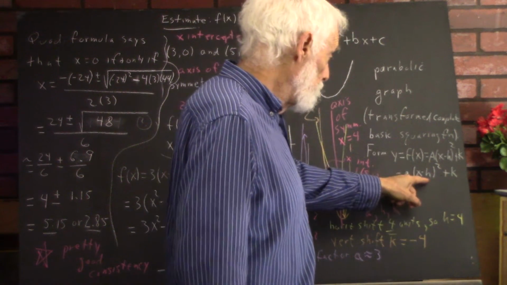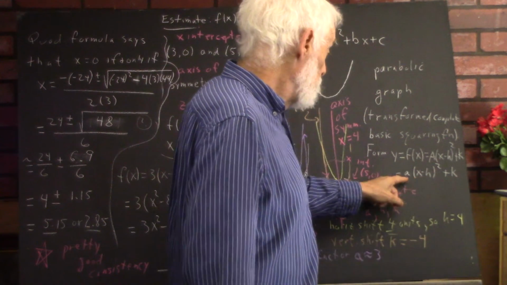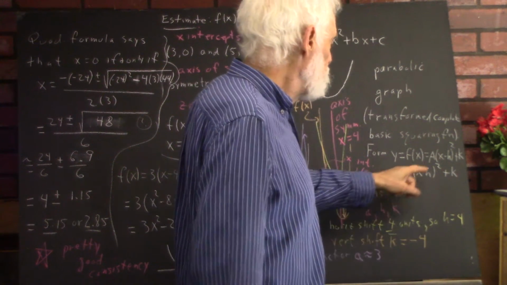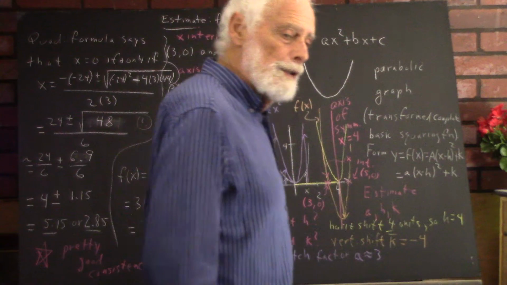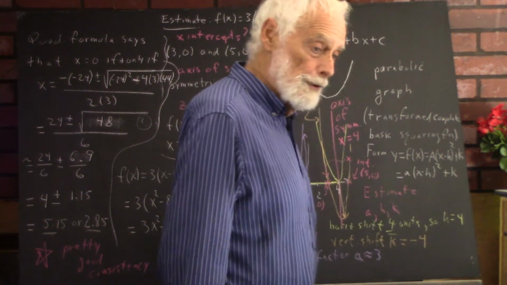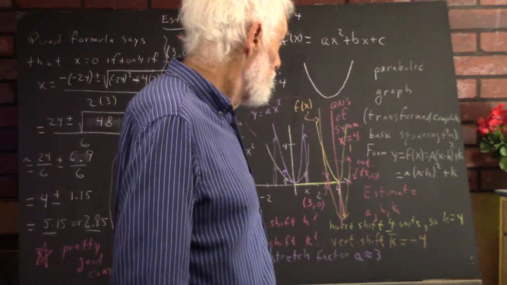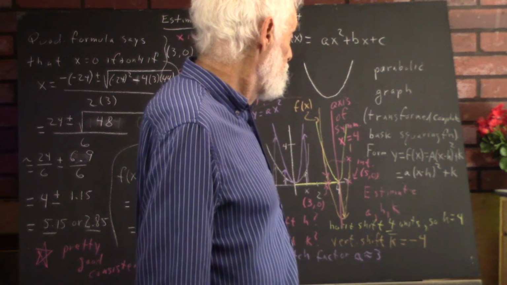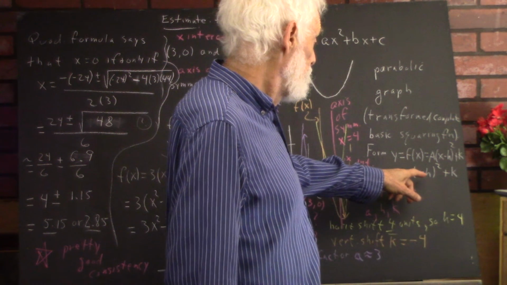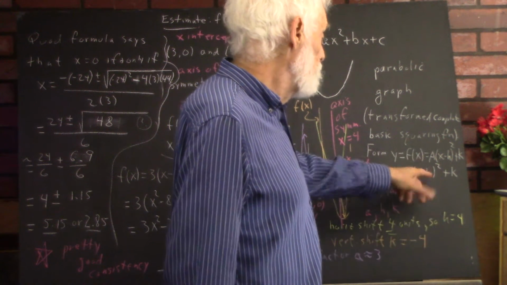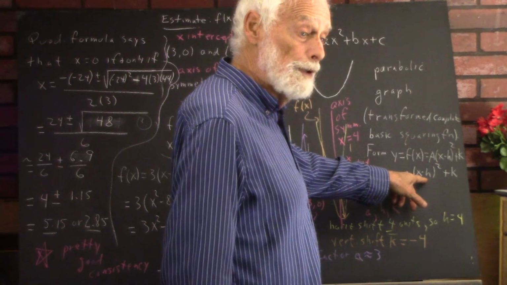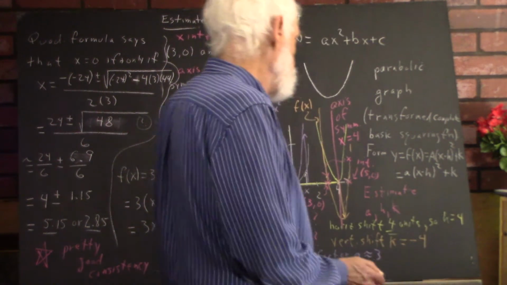Now we have to determine h and k, but we've got little a. And we can determine h and k, which are the horizontal and vertical shifts, from the quadratic formula: we can determine h and use that result to find k.